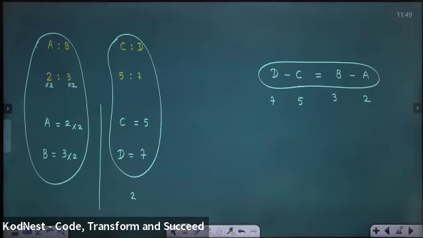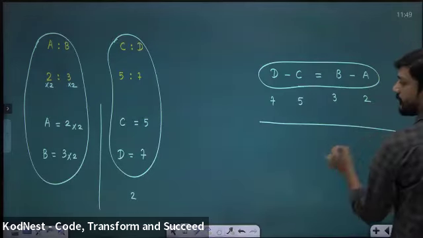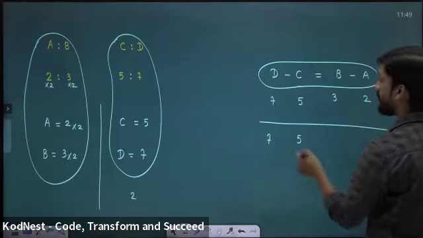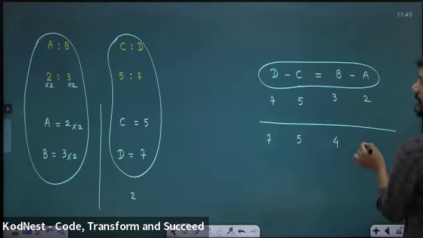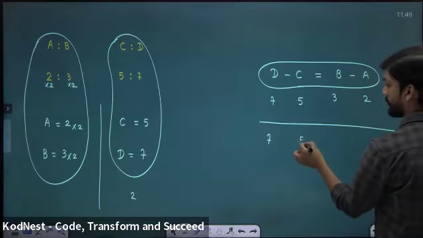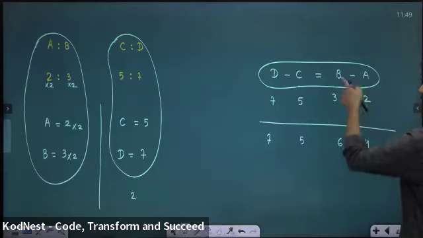You can do multiplication in a ratio. Is it right now? Yes. Okay, let's check. C value is 5, B value is 4, and A value is 4. Is it satisfying the condition?